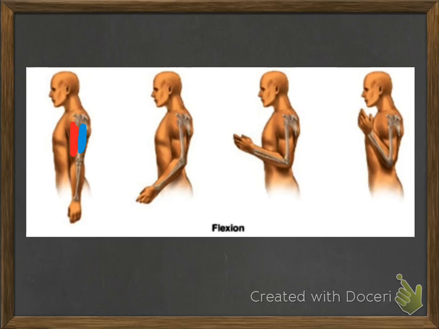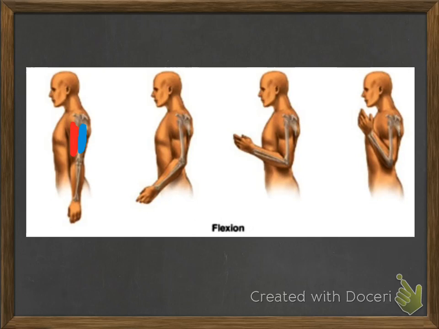So we know in flexion, the angle of the joint is decreasing. If you straighten your elbow now so it's extended, and you tense up both your bicep and your tricep, you won't be able to bend your elbow. Both muscles, in order to work together, one needs to contract while the other relaxes and helps stabilize the movement.